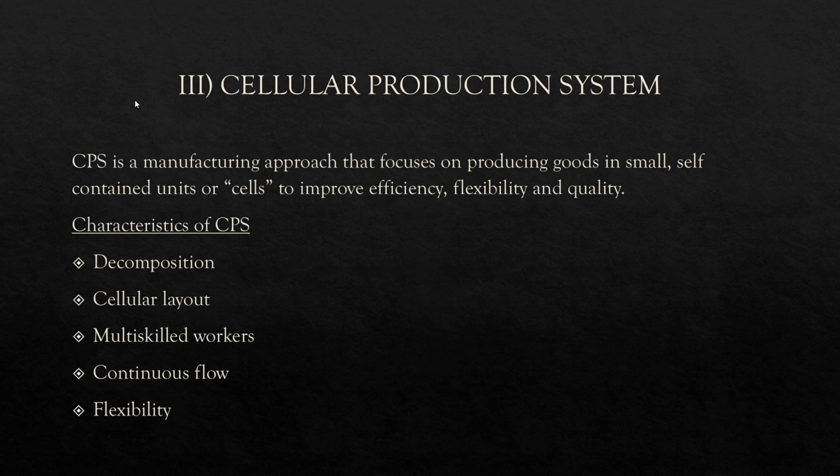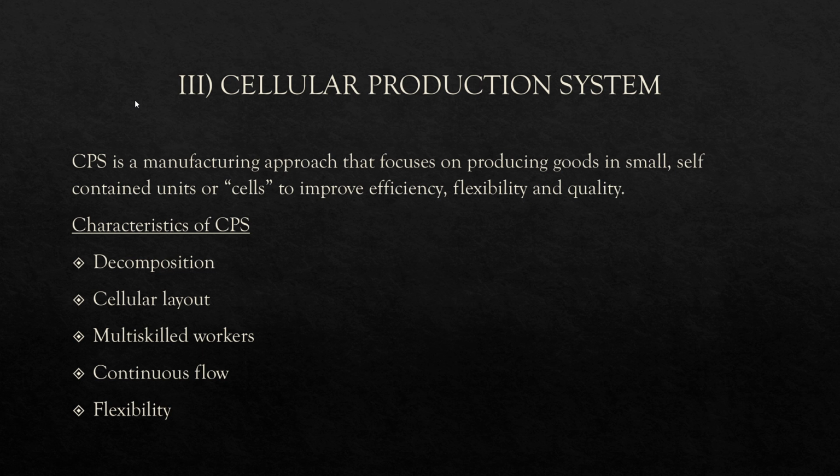Third one is multi-skilled workers, training employees to perform multiple tasks within the cell. Fourth one, continuous flow, producing products in a continuous one-piece flow manner. Then the final characteristic is flexibility, easily adaptable to changes in demand, product mix or design.